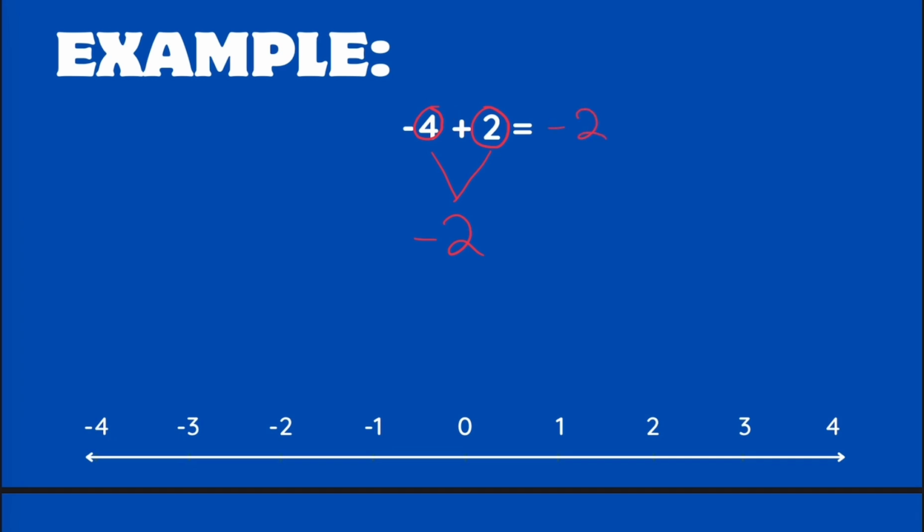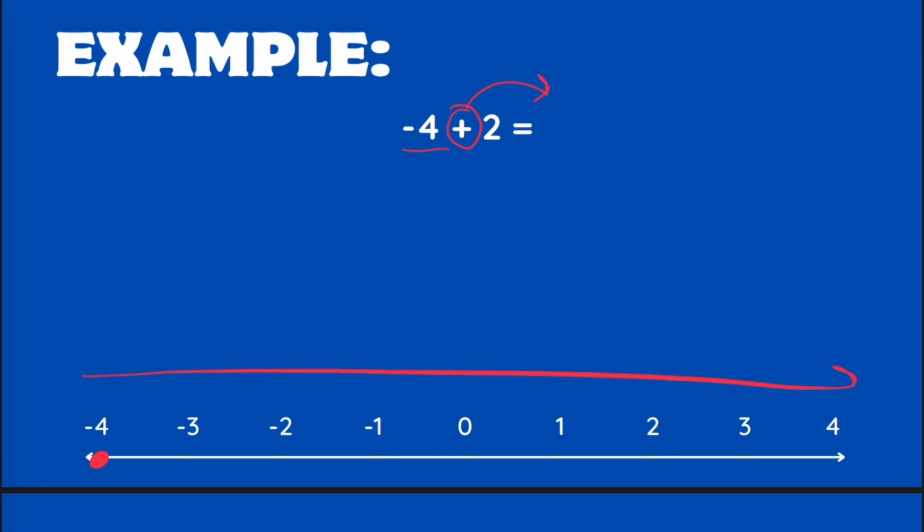Now, if that's a little confusing, let's use a number line. So let's say we start at -4. And we're going to add 2. So since we're adding, we're going to go to the right of the number line because remember that our number lines increase from left to right. So I'm going to go to the right 2 times. 1, 2.